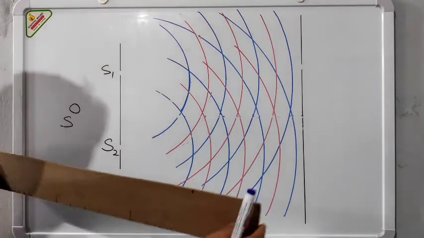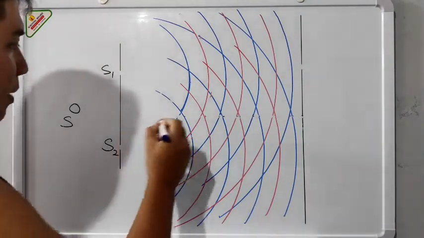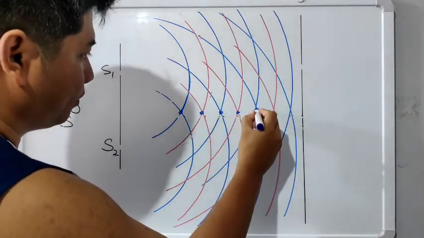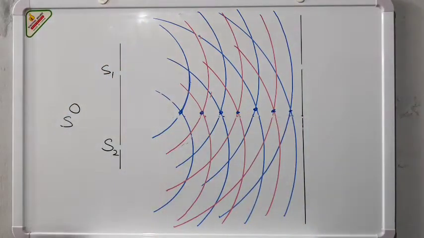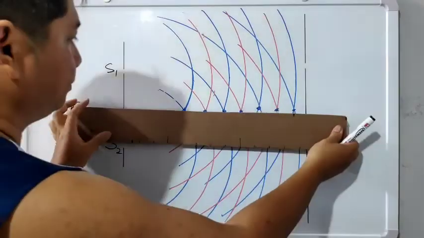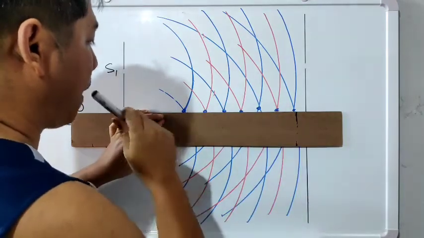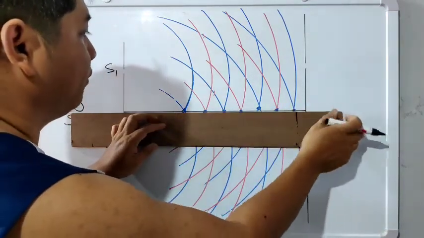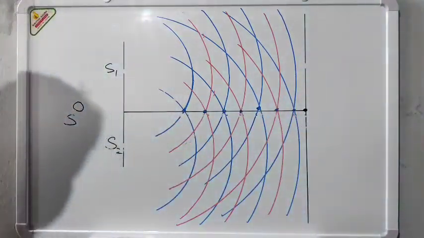If we join the points where maximum and maximum, minimum and minimum meet, if we draw a line passing through these, this will give the position of the maxima. This is the screen.